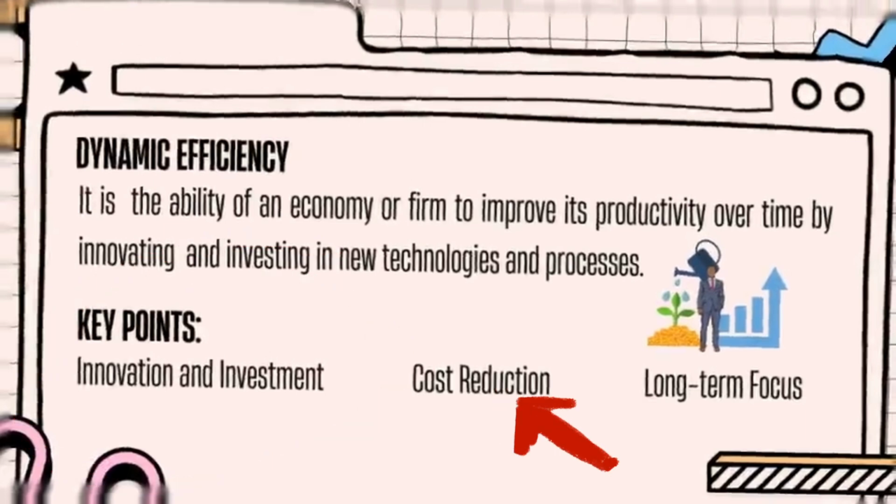The second key point is the cost reduction. Dynamic efficiency is connected with the adoption of better productive methods, because if there are better production methods, the firms or the businesses can lower their cost over time, and it leads to more efficient operations.